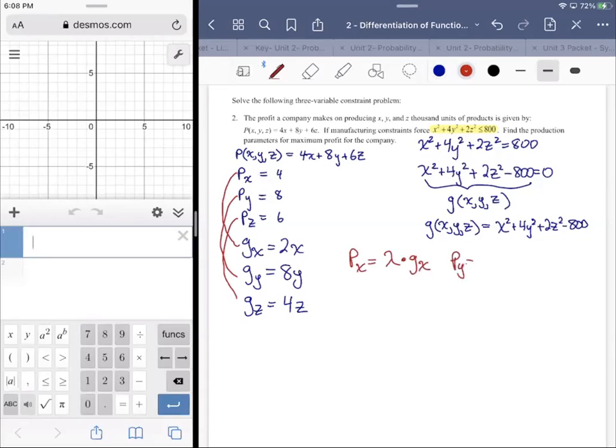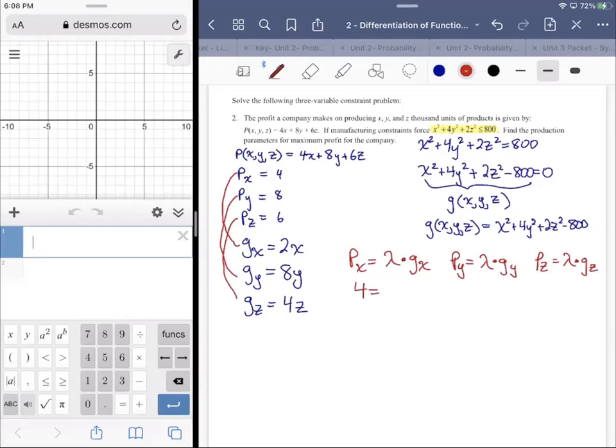P sub y is equal to lambda times g sub y. And P sub z is equal to lambda times g sub z. All right, computationally, it's not bad.